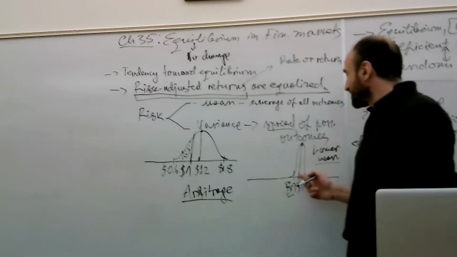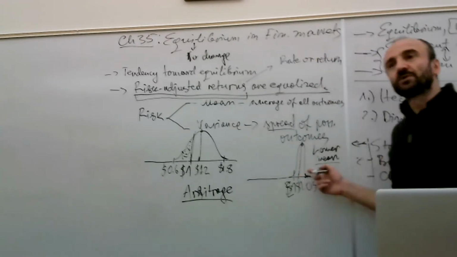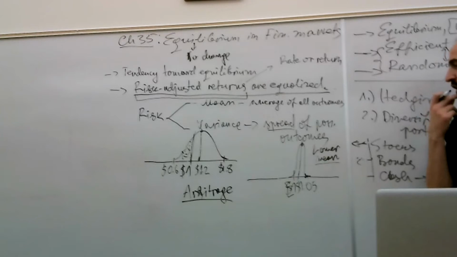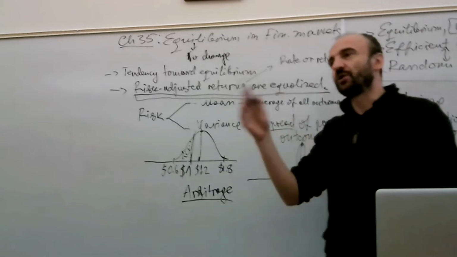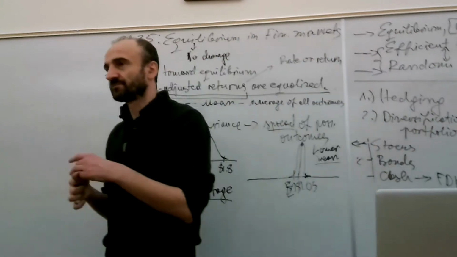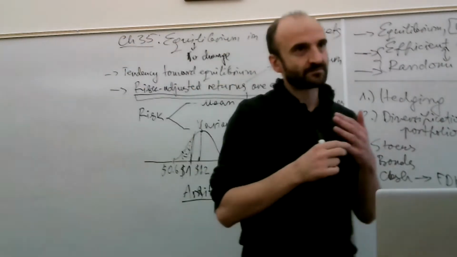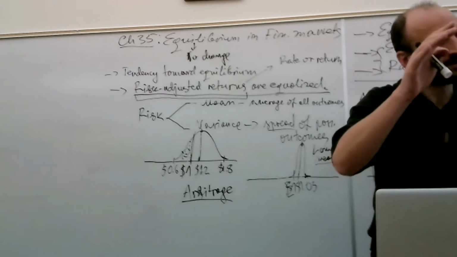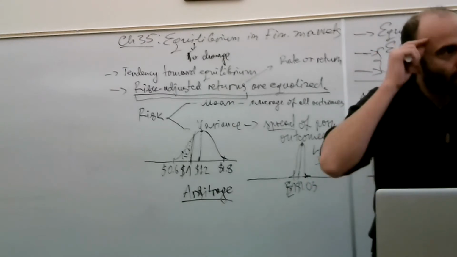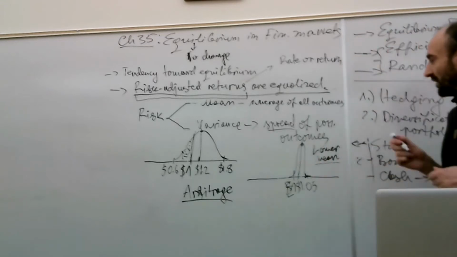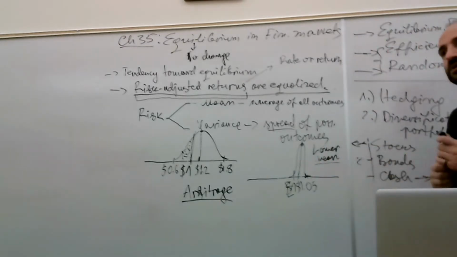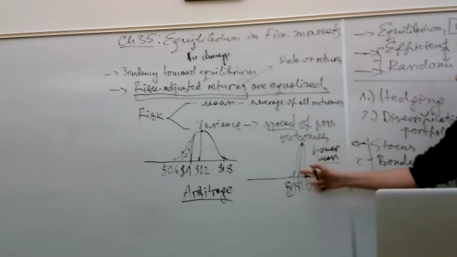What would be the opposite situation? That you have a low rate of return, low mean, but high variance.